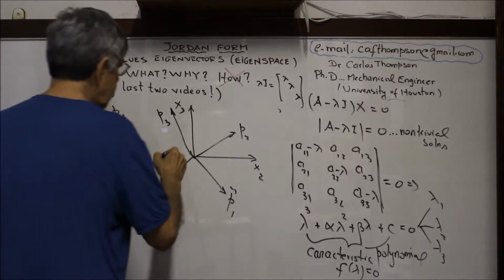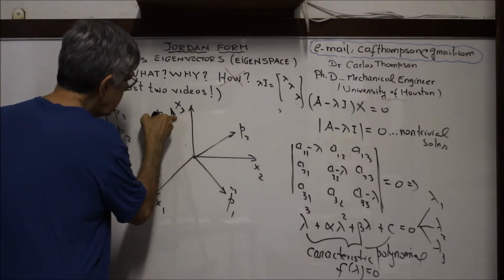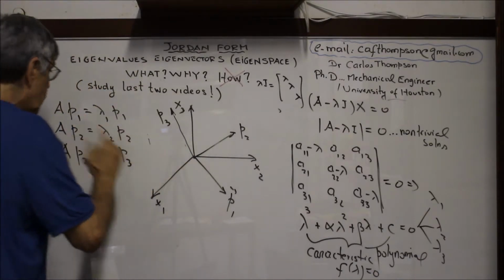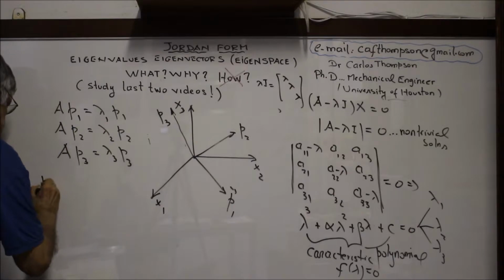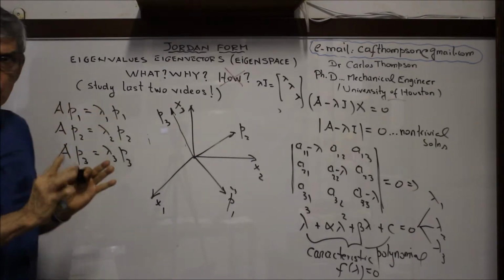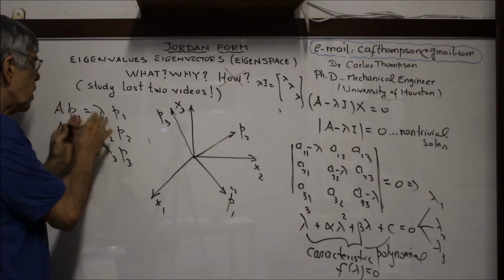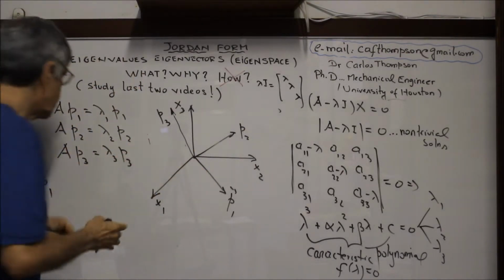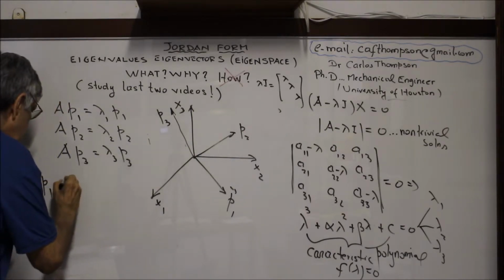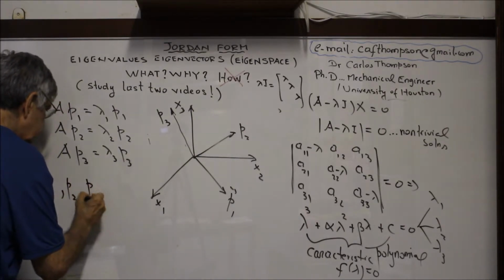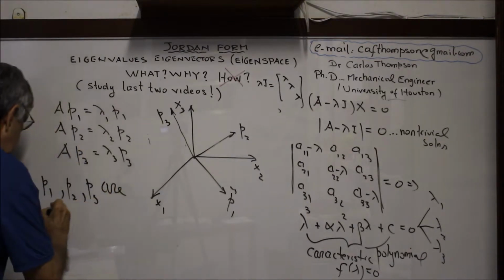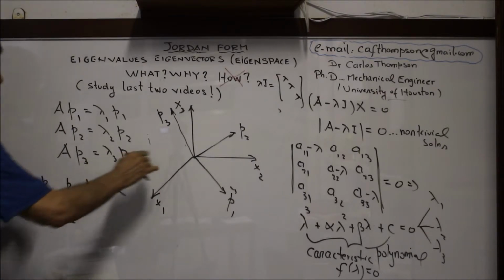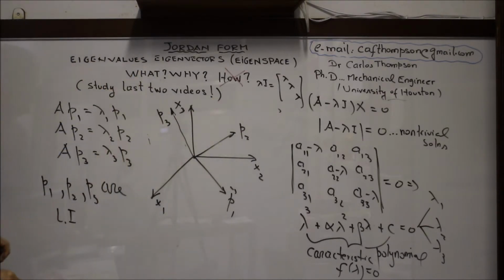Let's draw here. Look, P1, I don't put the arrow. I know that P1 is referred to the canonical base, P2 and P3 also. But P1, P2, and P3 are linearly independent, because I have one vector, another vector, suppose.